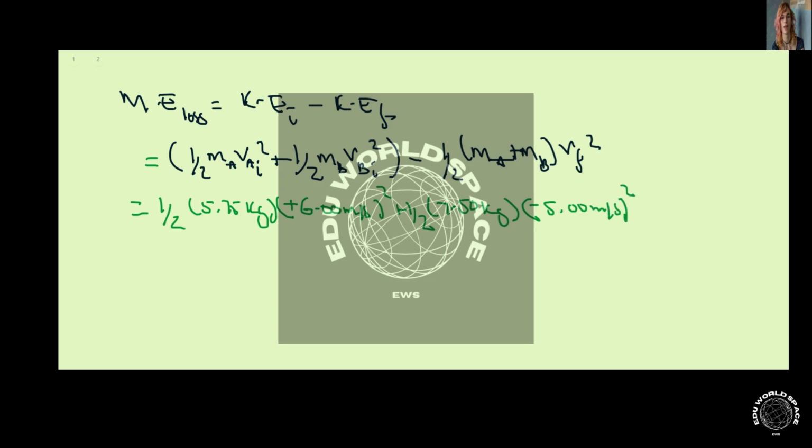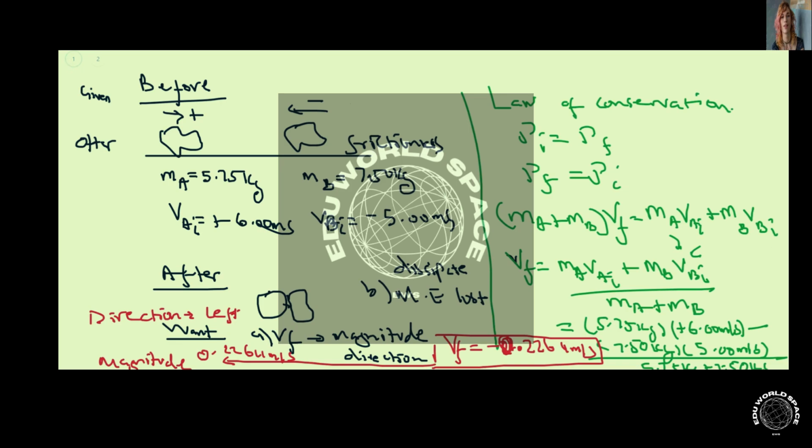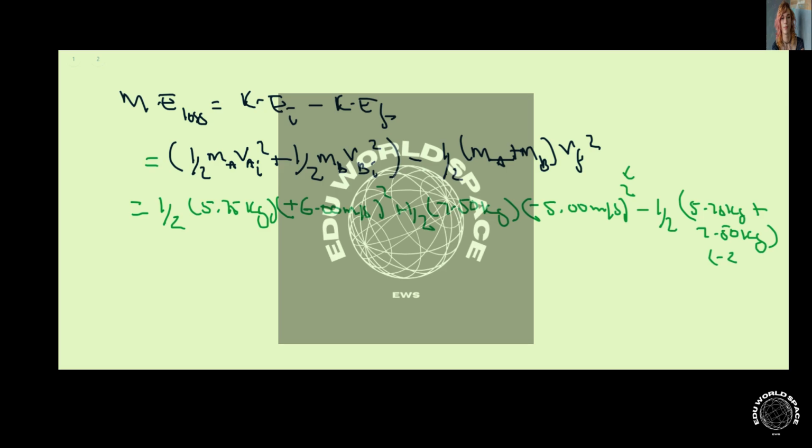The sign of the velocity doesn't make a difference because you're going to square it anyway. Then 1/2 times 5.75 kilograms plus 7.50 kilograms, times the final velocity, negative 0.2264 meters per second, squared.